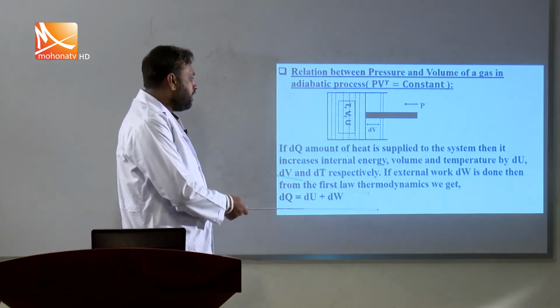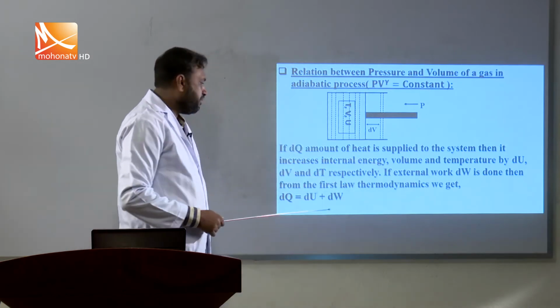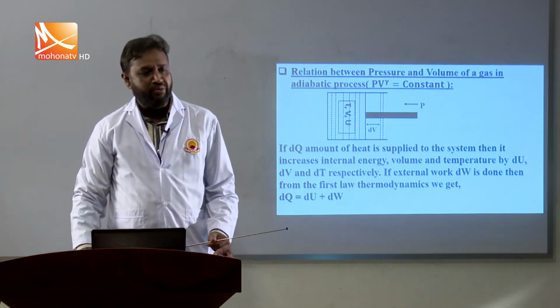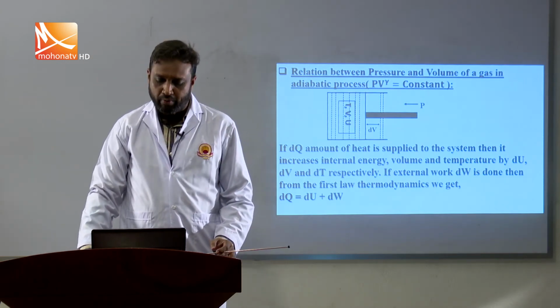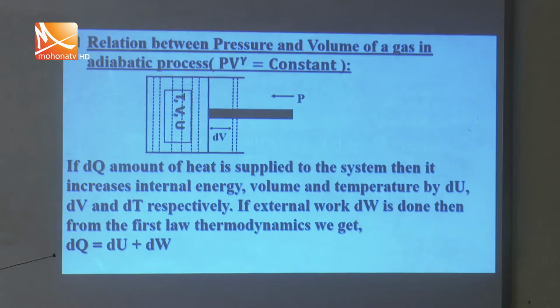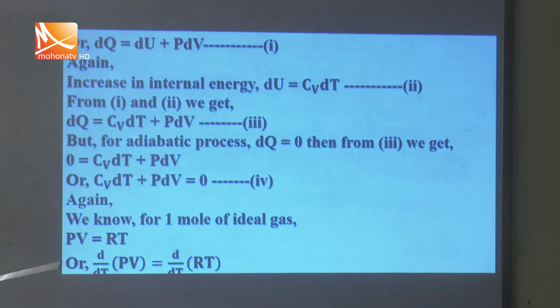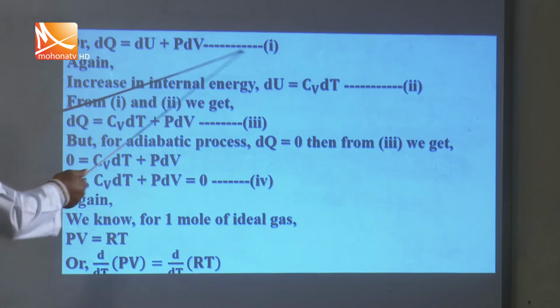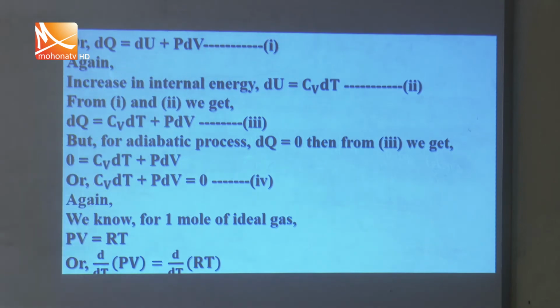If external work dW is done, then from the first law of thermodynamics you know dQ equals dU plus dW, and you also know dW equals PdV, so we can write the relation dQ equals dU plus PdV. This is equation number 1.